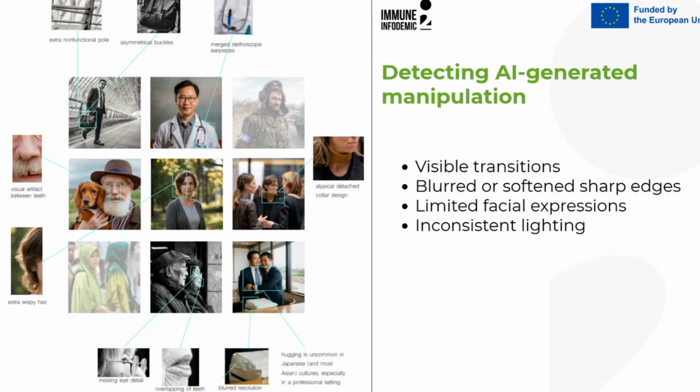But if we look very carefully, we can find clues. For example, in the first image, there is an extra pole in the background that shouldn't be there. And the man's back buckle is crooked. If you look at the image in the middle on the right, you will notice something unusual about the woman's neck.